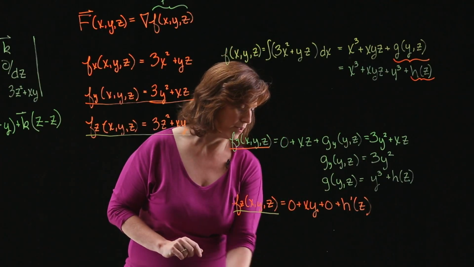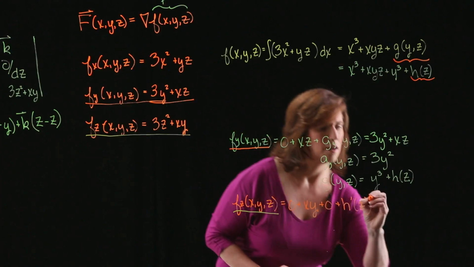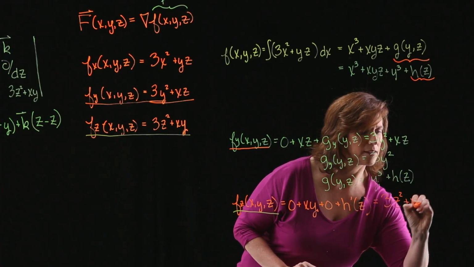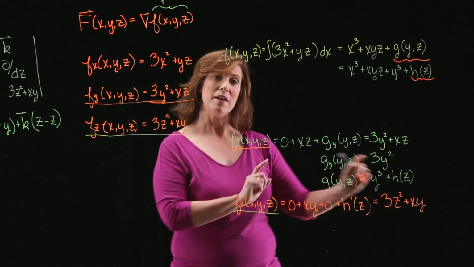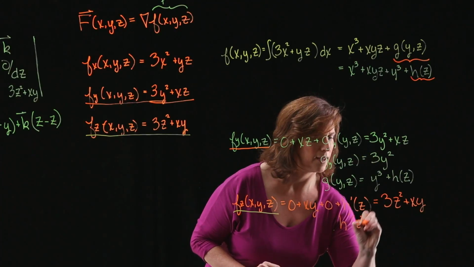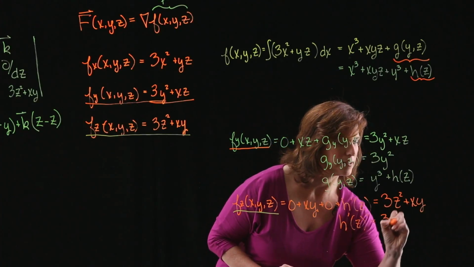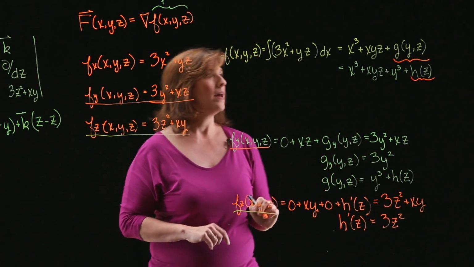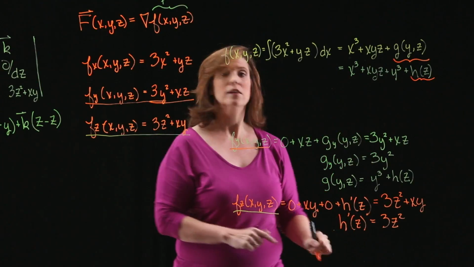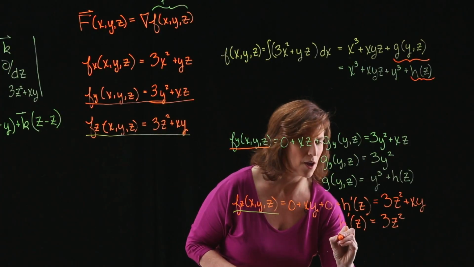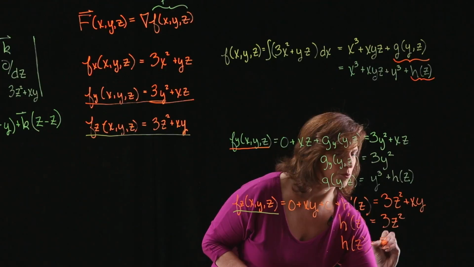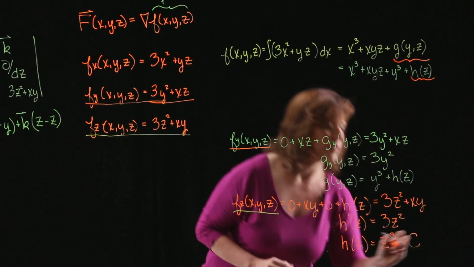So I'll set it equal to 3z squared plus xy, which tells me if I subtract xy from both sides, that h prime of z is going to be 3z squared. Now, I'd really like to know what h of z is, not h prime of z. So again, integrating both sides, I know that h of z then is going to be z cubed plus some constant.